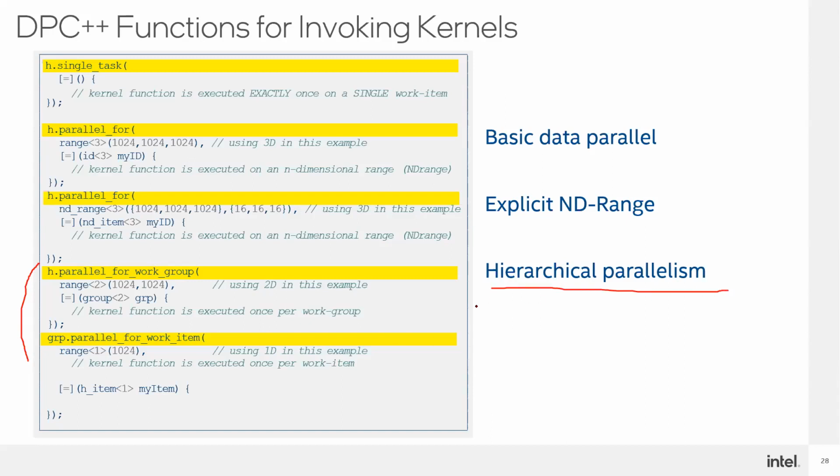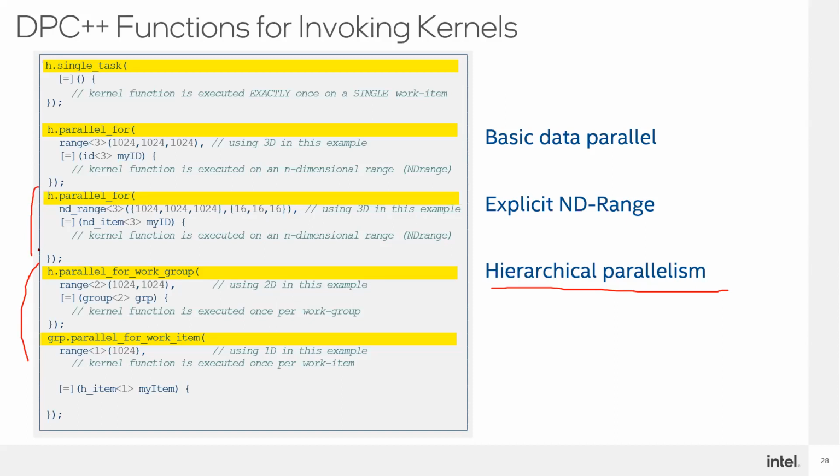Even by the SYCL 2020 standard, it's not really recommended to be used right now because the work is still in progress on how to improve it. But the idea of hierarchical parallelism is that it's syntactic sugar. So it is actually this parallel_for with ND range, but simply written in a different form.